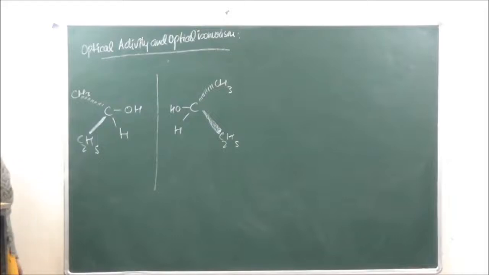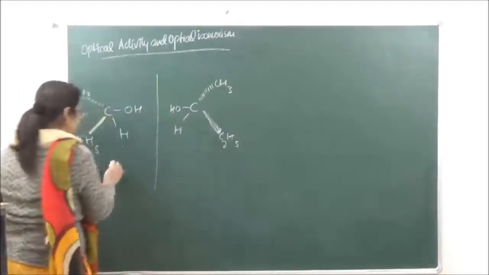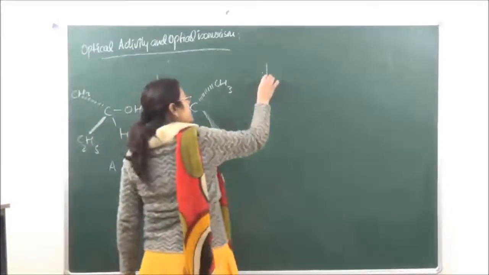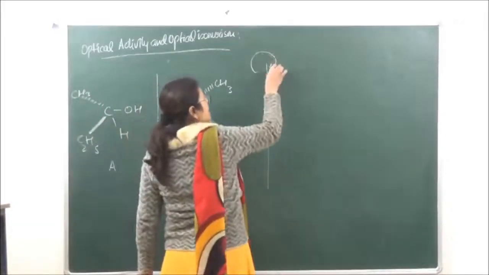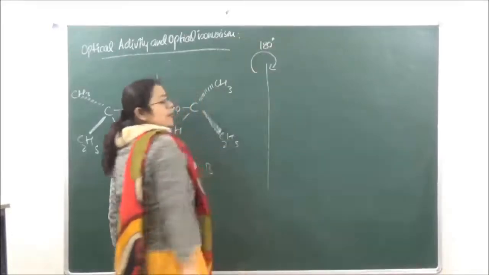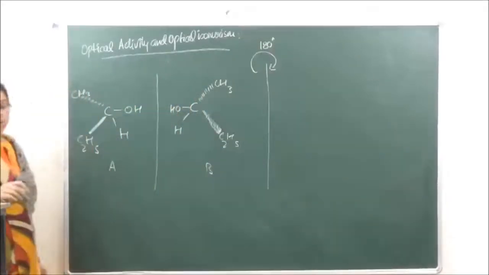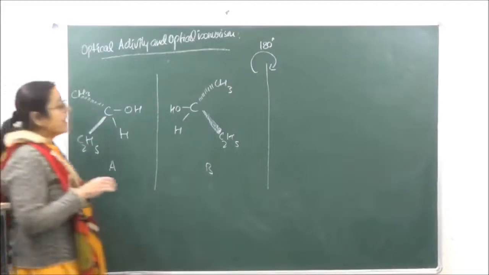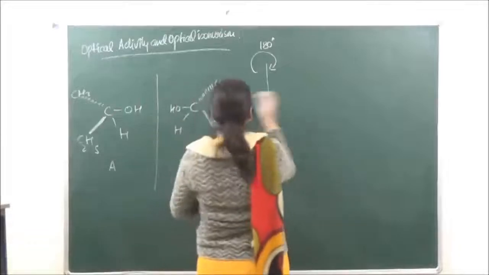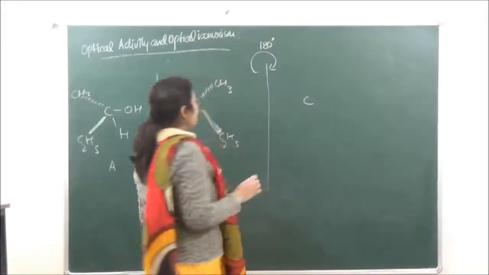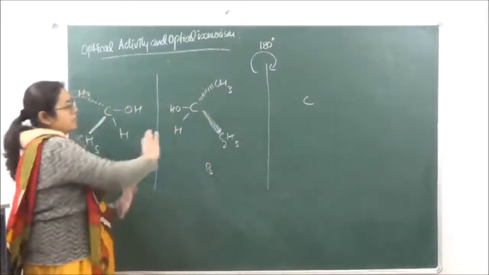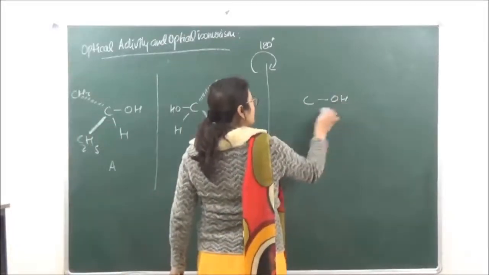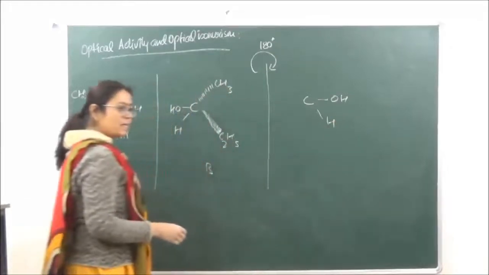Okay. Now we are going to rotate this image. Let's say this is A, this is B. We are going to rotate this image by 180 degrees. So we are rotating B by 180 degrees over here, such that what will we get? Like this you're rotating. So we will get OH on this side. We will have H on this side. Okay?